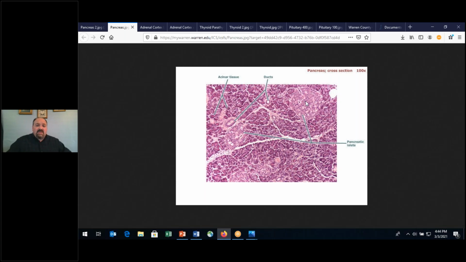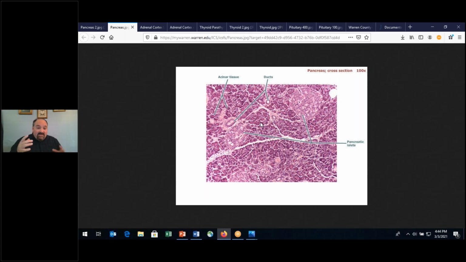the pancreas, and we're seeing that these pancreatic islets, these islets of Langerhans, have a different color, different staining, because this is endocrine tissue, whereas this would be exocrine. This is the tissue that's going to produce, like I said, the enzymes needed for digestion and sent into the duodenum, the beginning of the small intestines.